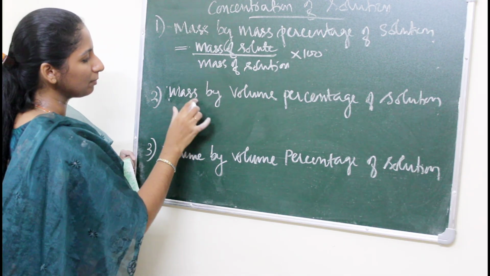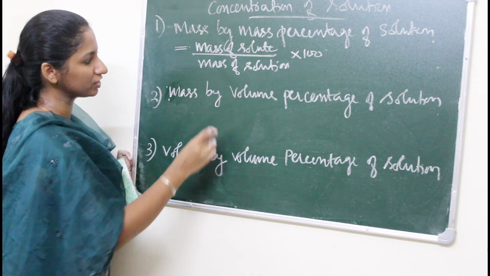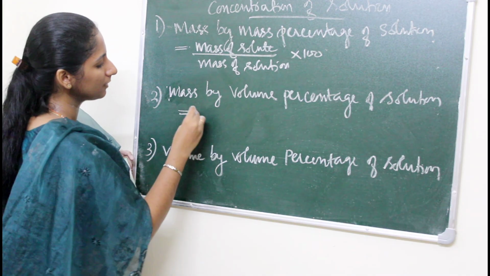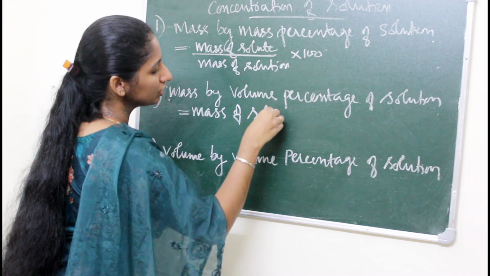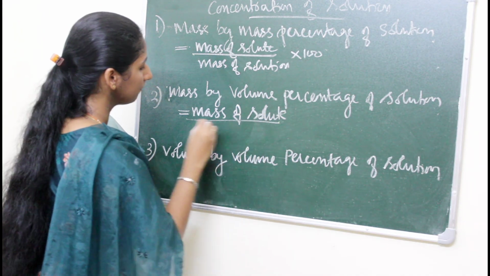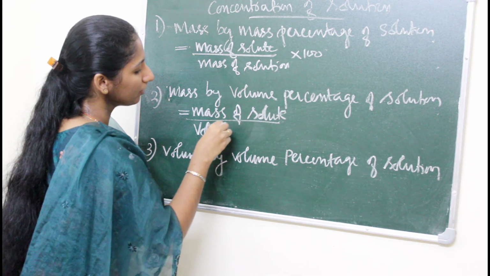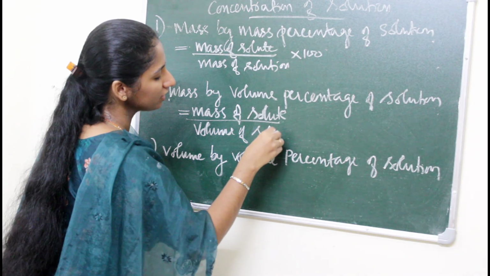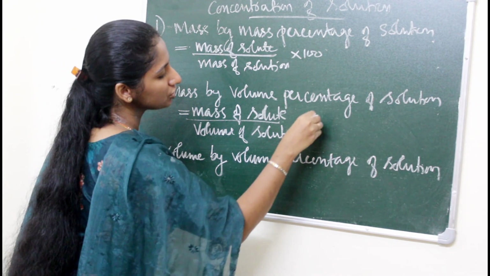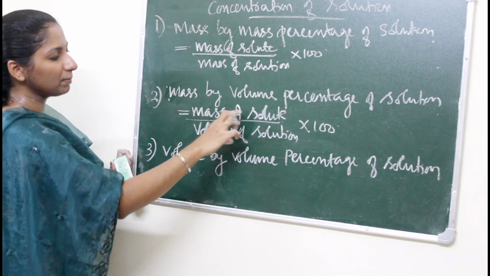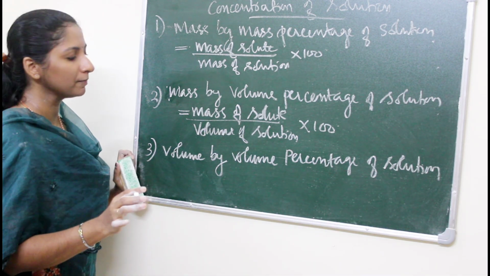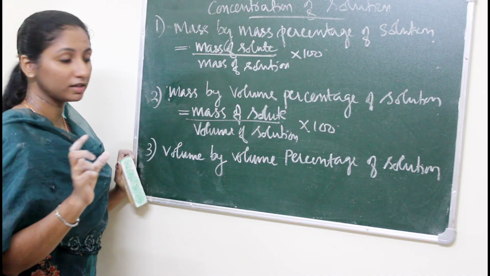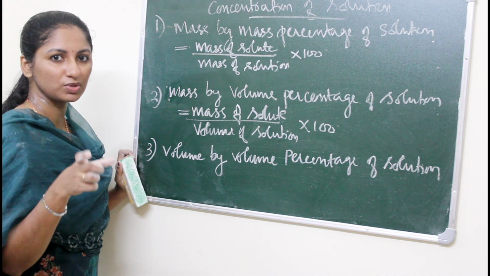And in the second type, mass by volume percentage of solution, right? So here we can say that mass of solute divided by volume of solution into 100. So this type of equation we can apply for liquid solutions, right? So we can take the example as salt solution and sugar solution.